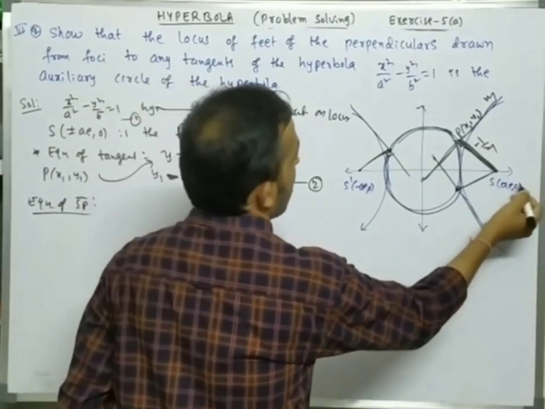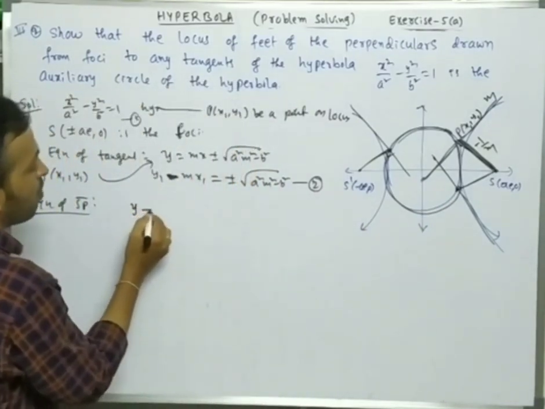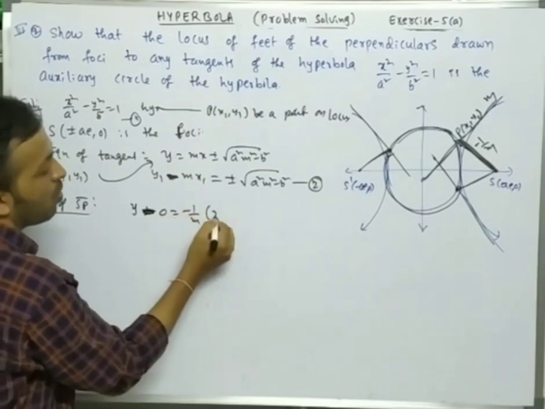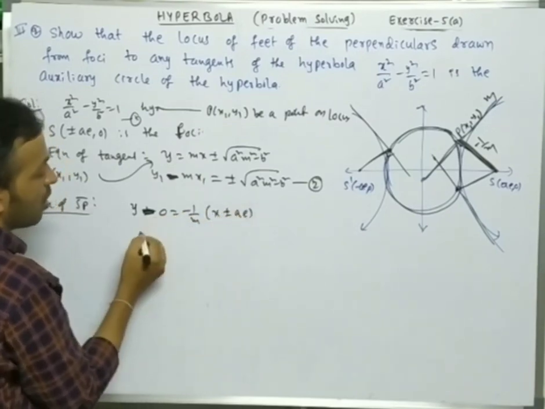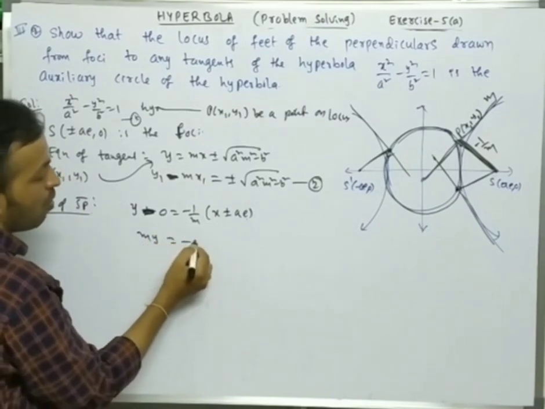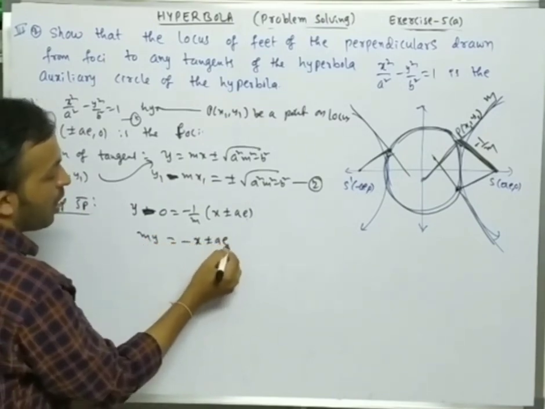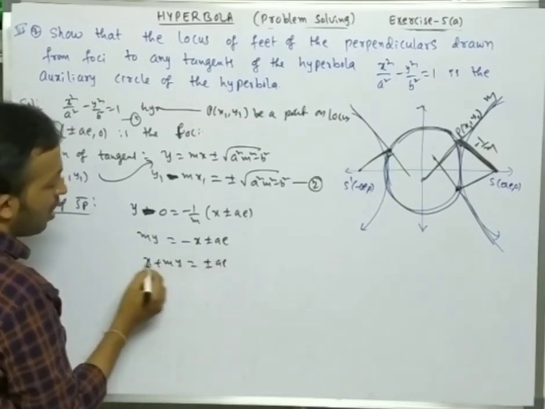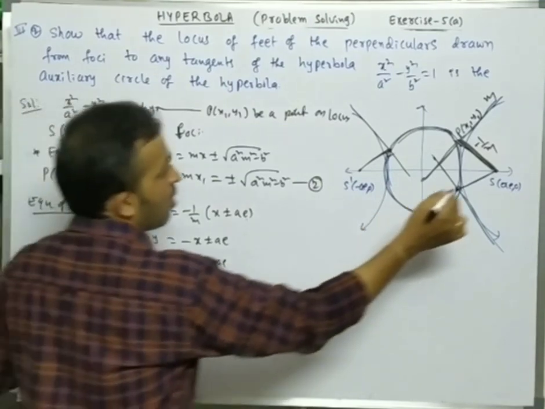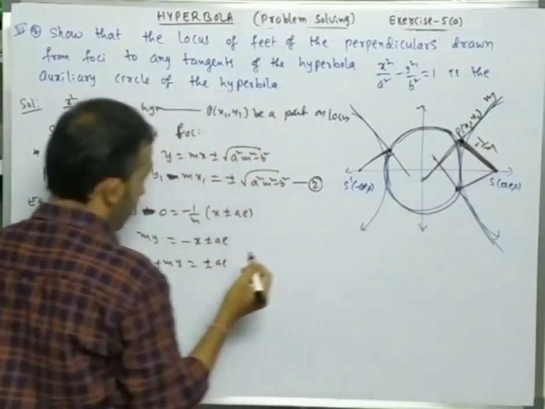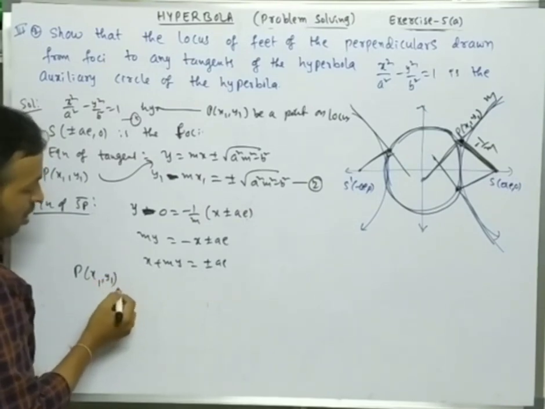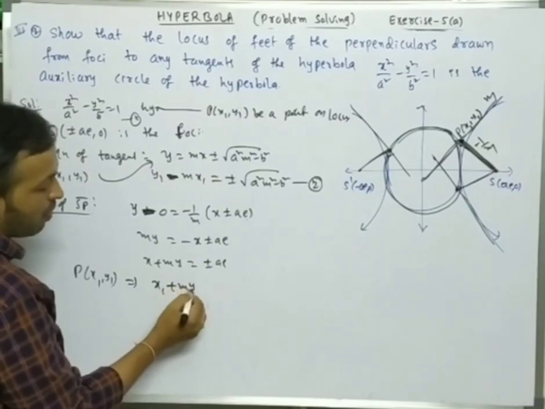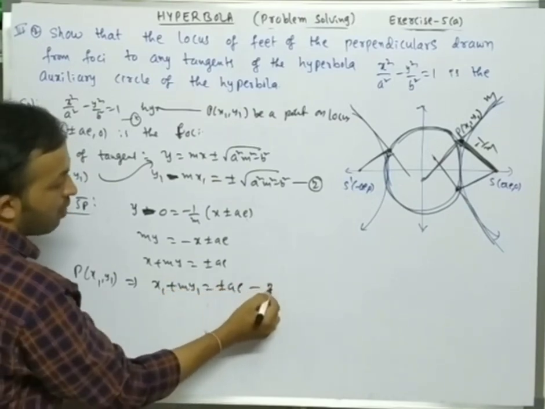Passing through plus or minus ae comma 0, that is y minus 0 is equal to minus 1 by m into x plus or minus ae. So my is equal to minus x plus or minus ae. So x plus my is equal to plus or minus ae. So this is the equation of this line. On this line P(x1, y1), the foot of the perpendicular, lies, therefore it satisfies. Therefore x1 plus my1 is equal to plus or minus ae, equation number 3.